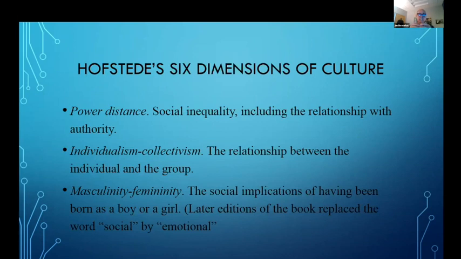So I'm using a particular measure of culture. It's a Dutch researcher by the name of Hofstede. I would say he's well known, or if you've maybe taken a course in organizational behavior, you may have heard of him.